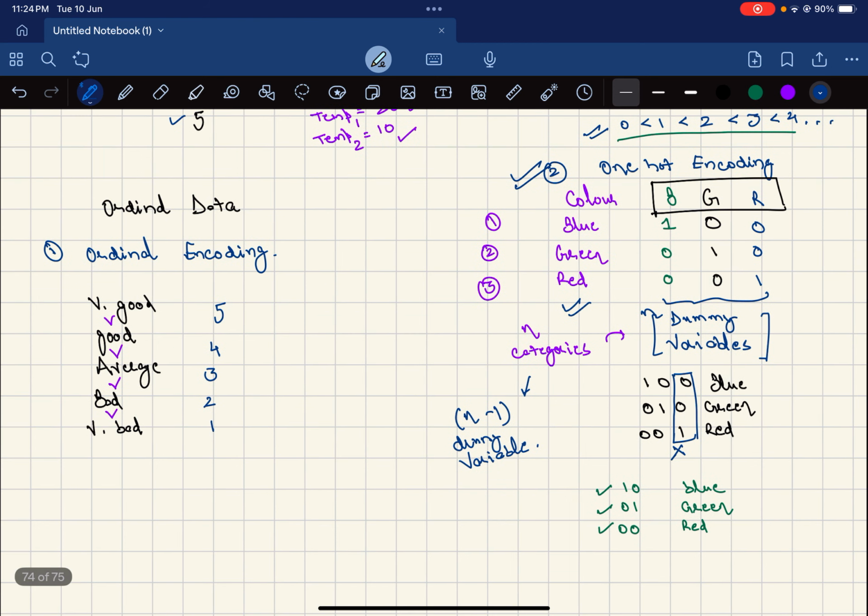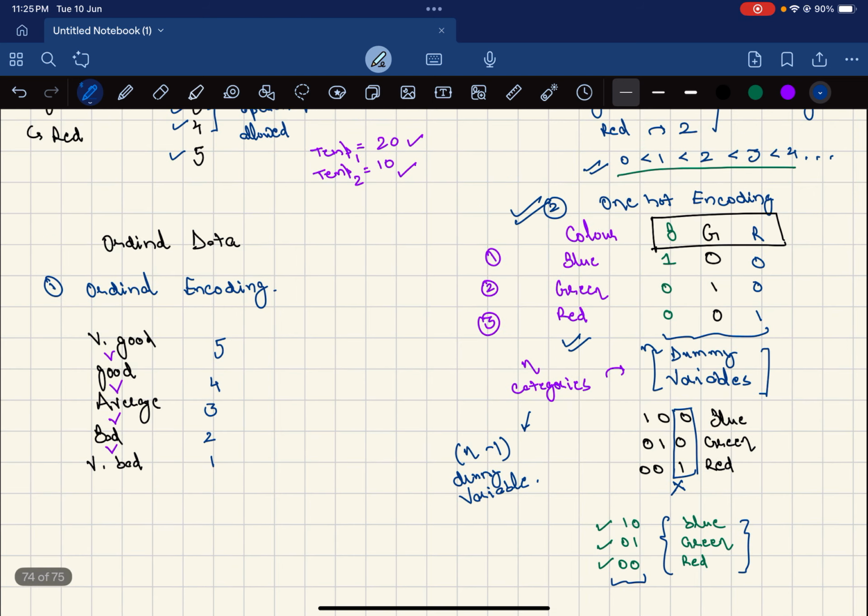Just like we saw in this example, for three colors we were able to get two different columns, the blue column and the green column, and using these two columns we were still able to differentiate between the three distinct values of the variable color. Therefore, we need n minus 1 dummy variables for n possible categories of a categorical variable.